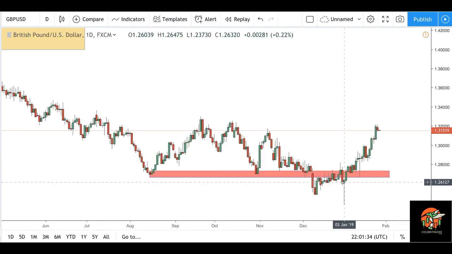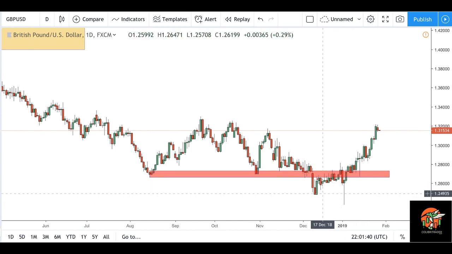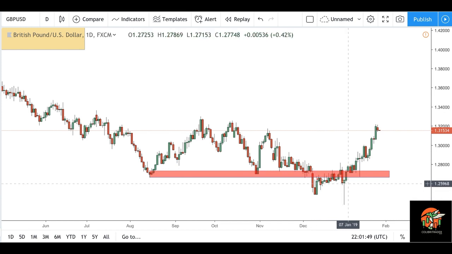Here you had one pin bar which had a very long tail, and for some of you that were long here and had your stops just below that, this might have stopped you.